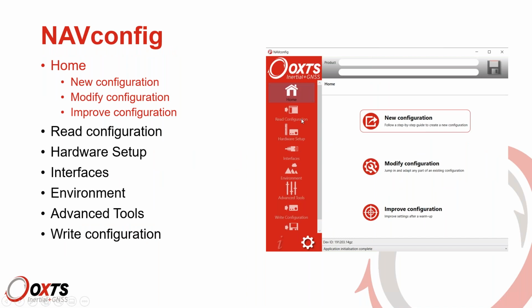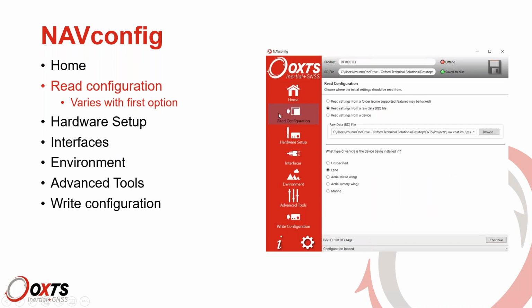So when you first open NAVconfig, this is the page you see, and you have those three options. New configuration, modify configuration, or improve configuration. And then when you choose one of the options, you get onto this page. This is the one for read configuration. The others are slightly different, but you just have the option of choosing where you get the data from, and then also what vehicle the device is being installed in.